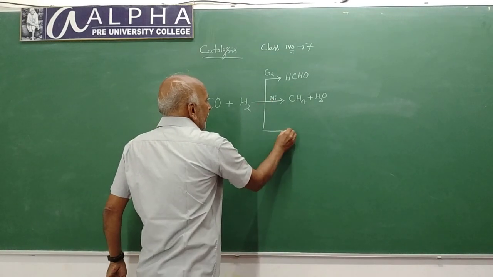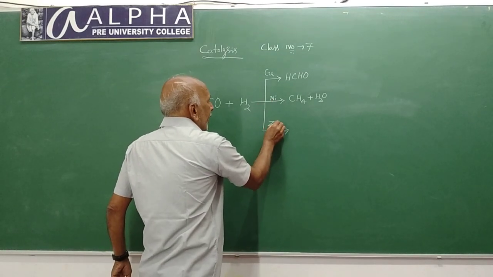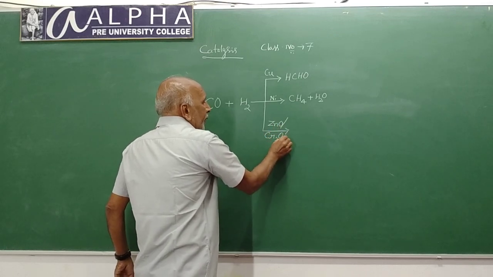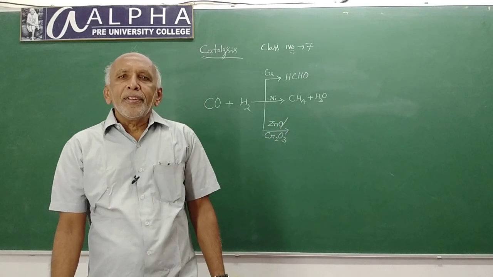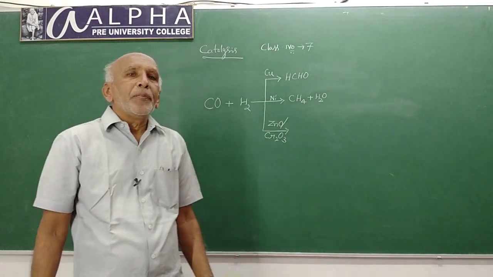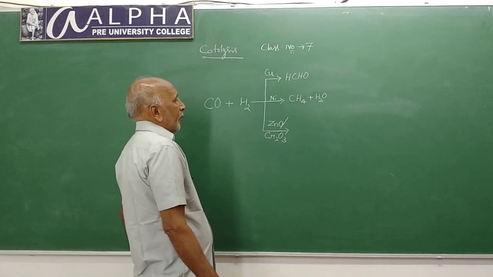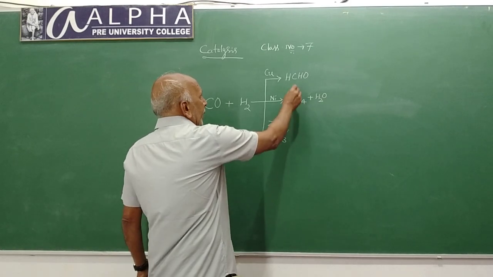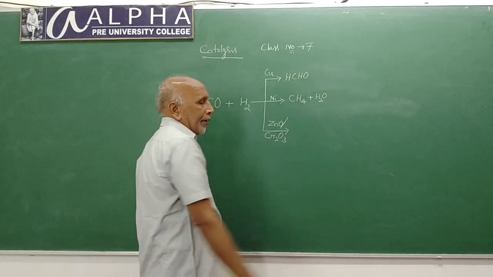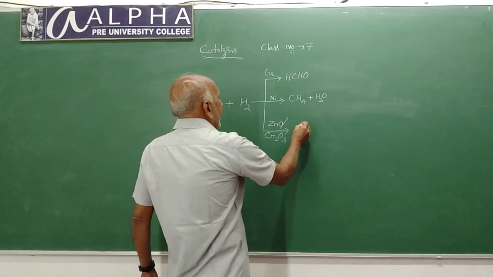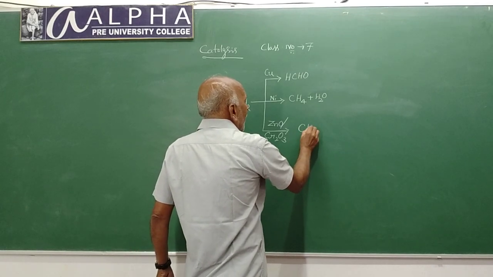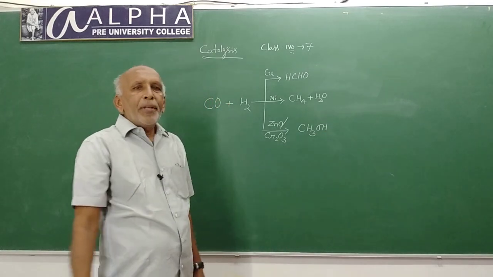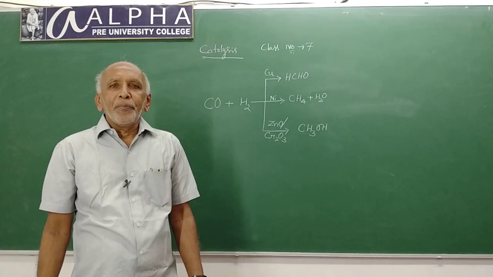Similarly, if you use zinc oxide as catalyst along with Cr2O3 in the same reaction as catalyst and promoter, now the product will be neither formaldehyde nor methane. We will get an entirely different compound, that is methanol, methyl alcohol.